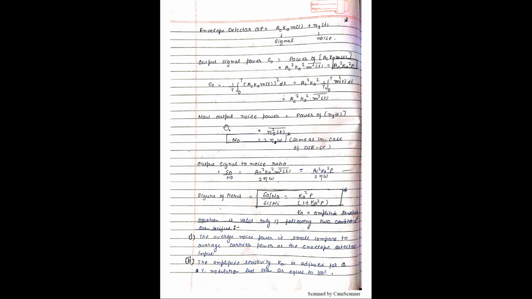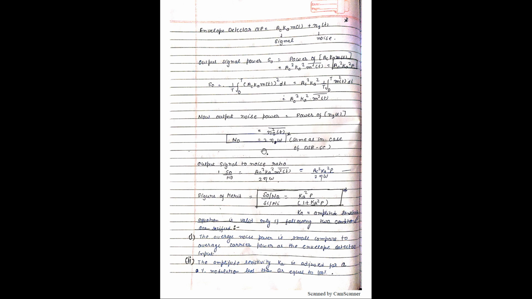Now the second thing is the output noise power. How will we calculate the output noise power? Simply, the noise expression is n_i(t), the in-phase component of noise. What will be the power? Here we do not know n_i(t), so it is simply the mean square value of this signal.